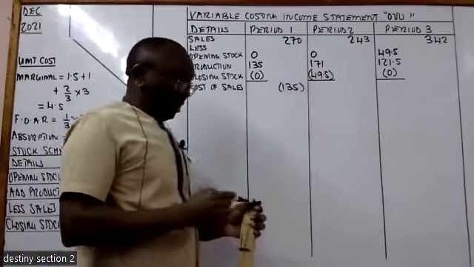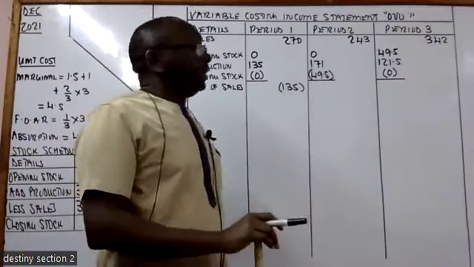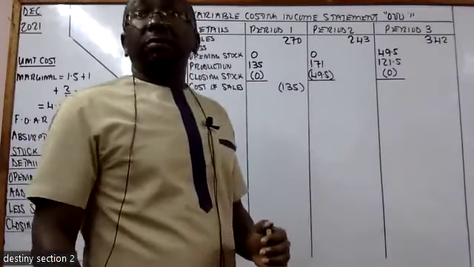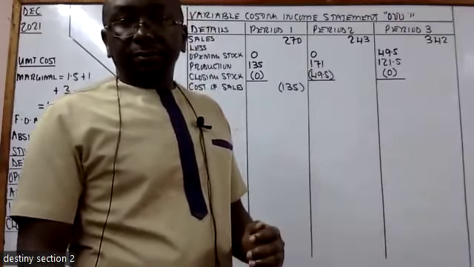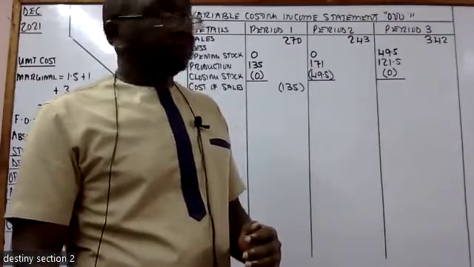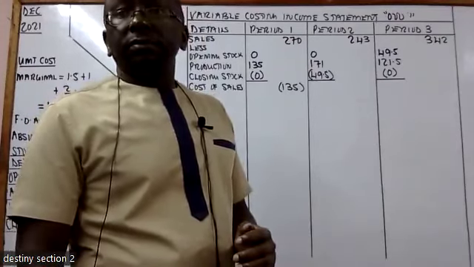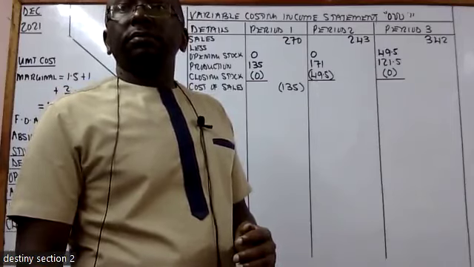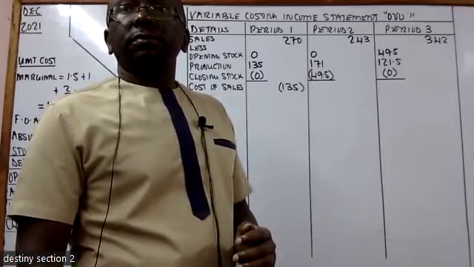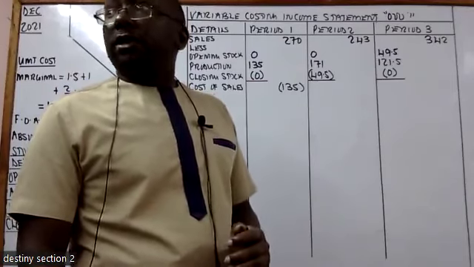Tell me for the second period, it is how much? 171 minus 49.5. Tell me the figure.